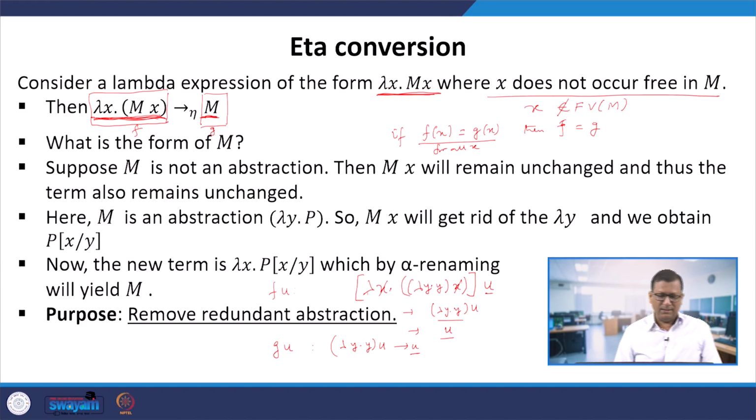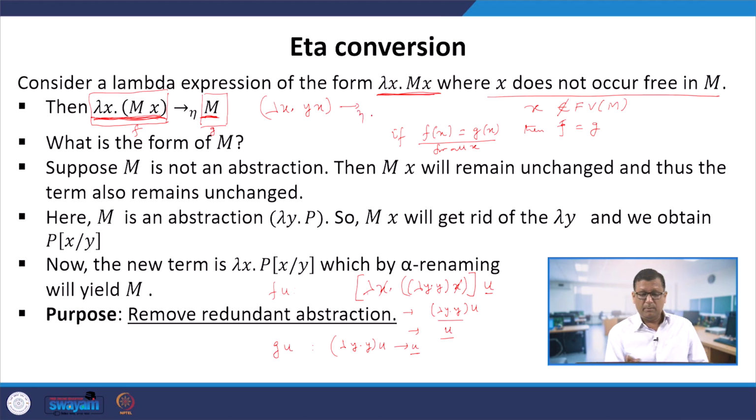Now one thing to be noted: if M is not a lambda, if M is a y, then this term will not be reduced, because it is already in its simplest form. So if you have lambda x dot yx, nothing is going to happen.